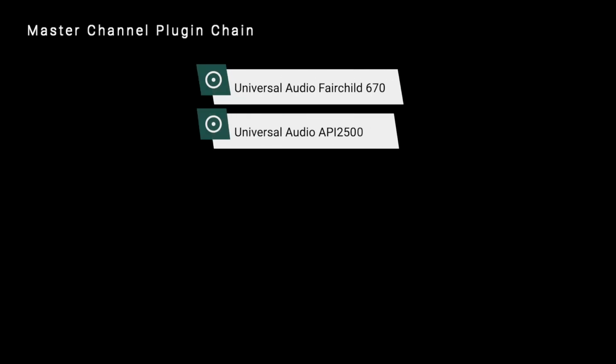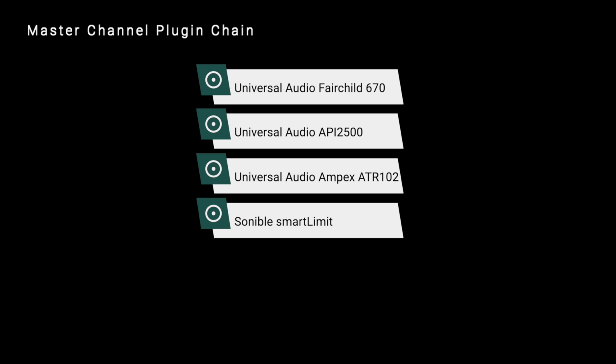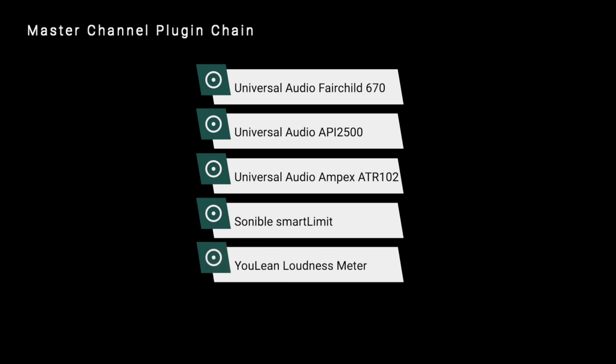My master channel typically has the following installed: Universal Audio Fairchild 670, Universal Audio API 2500 bus compressor, Universal Audio Ampex ATR 102 tape emulation, Sonable Smart Limit, and the last is Julian Loudness Meter.